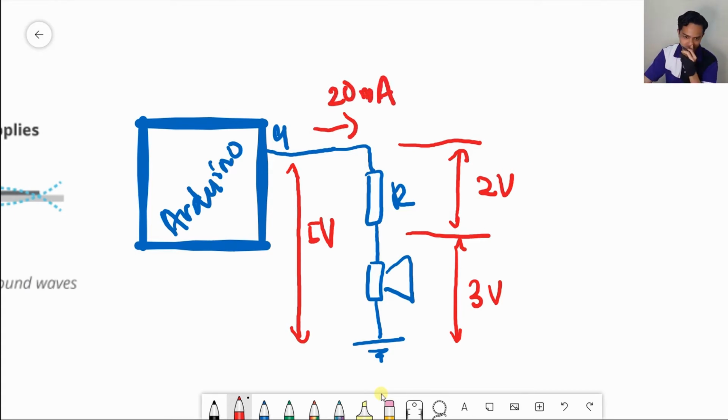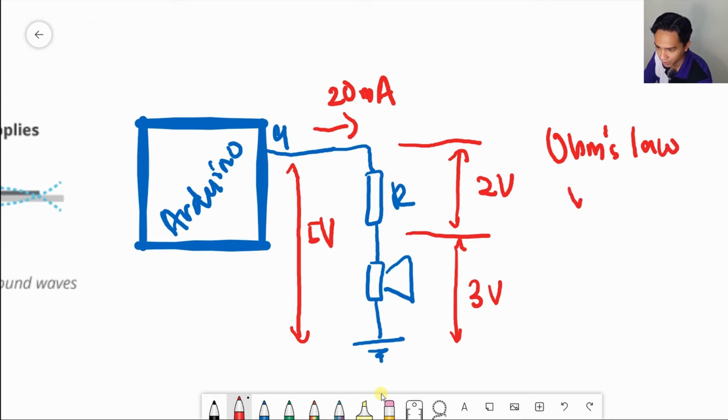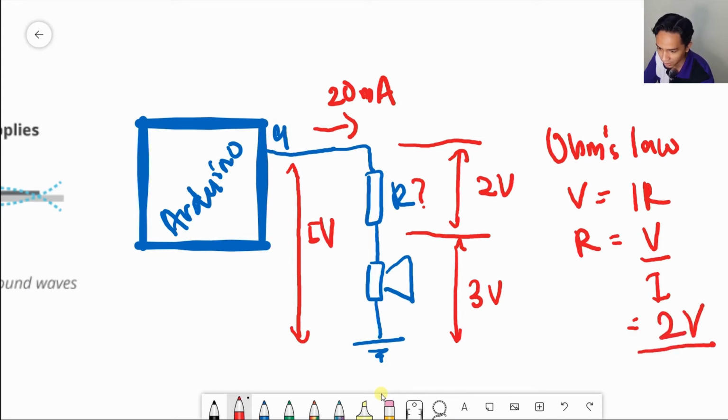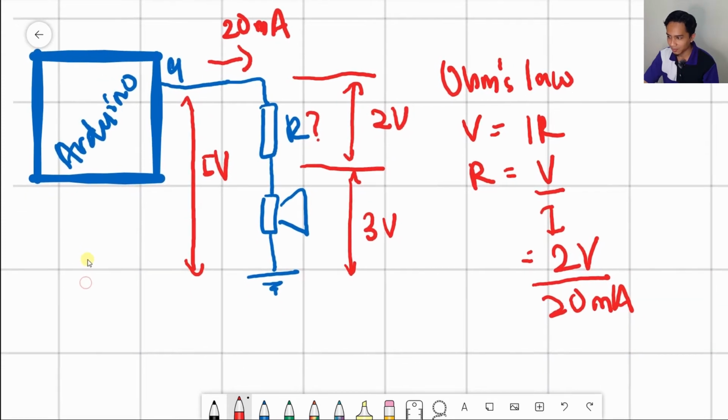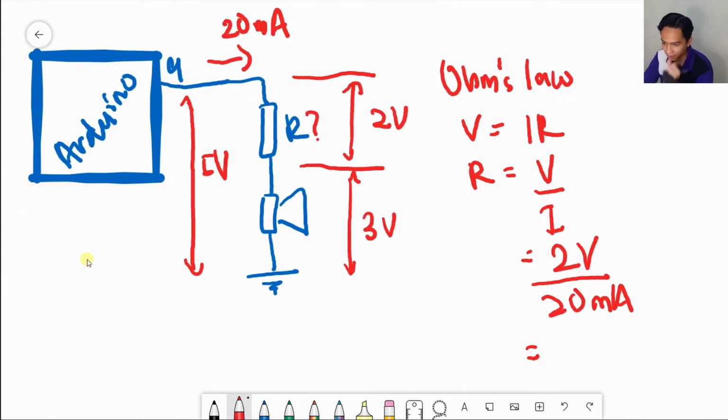So because of that, just as usual, use Ohm's law. Ohm's law is V equals IR. So we want to know the R value, which is V over I. So V here, because we want to know the value of R, the V is 2 volt over the 20 milliamps, and this is how we get the value of 100 ohms.